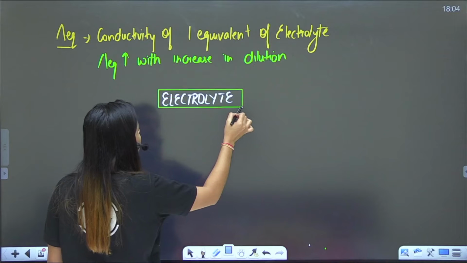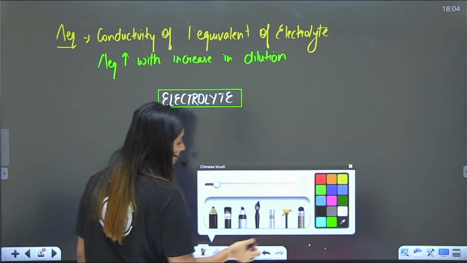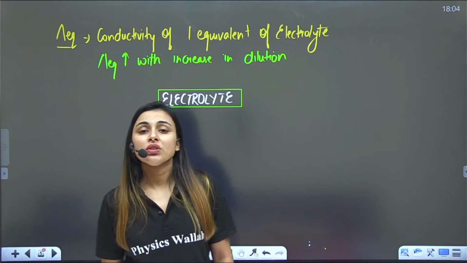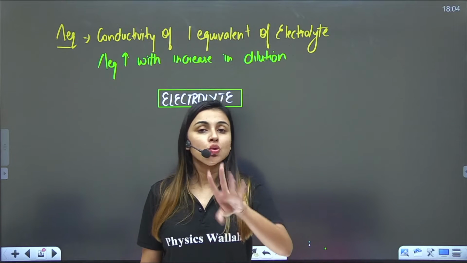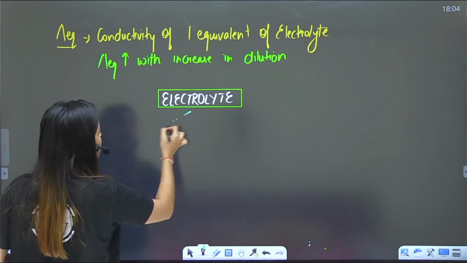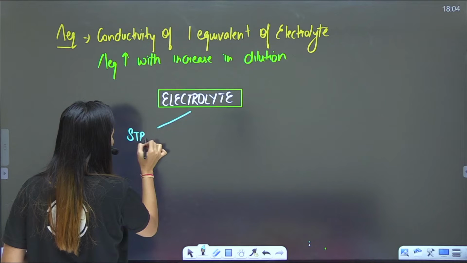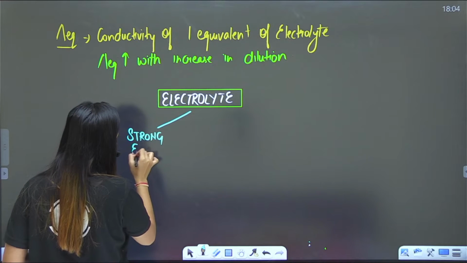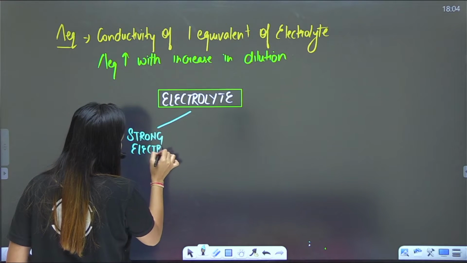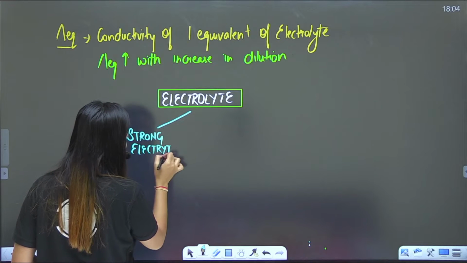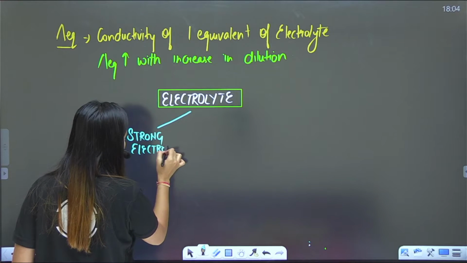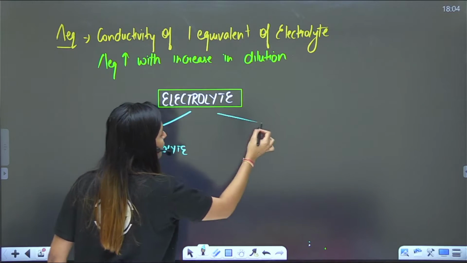So now let's talk about electrolyte. My dear students, majorly there are 2 types of electrolytes. First is your strong electrolyte, and then you have weak electrolyte.